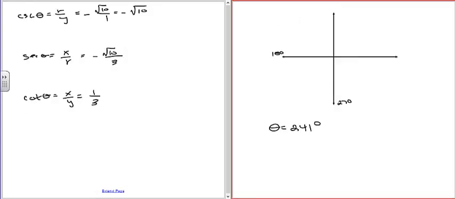Okay, the next one says find the reference angle and sketch theta and theta prime in standard position. It's probably easier just to plot it and then find the reference angle. So here we have 180 degrees, 270, here we've got 241. So we know it's between these two.